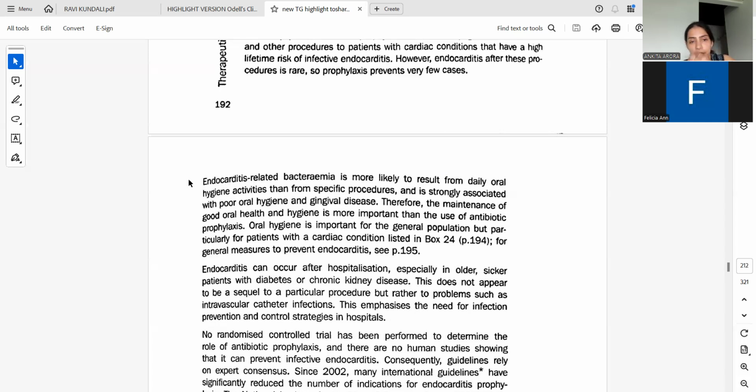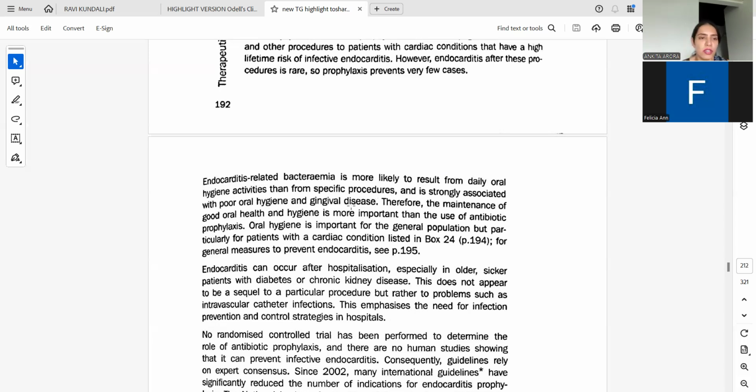Their rationale is that endocarditis-related bacteremia is more likely to result from daily oral hygiene activities than from specific dental procedures. So it is strongly associated with poor oral hygiene and gingival disease.